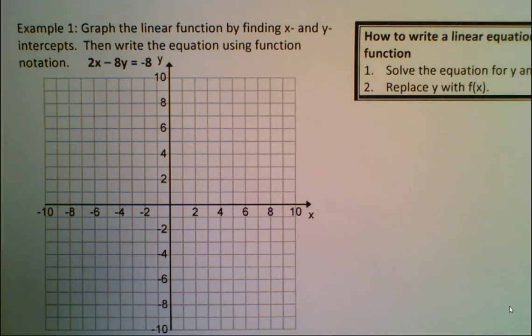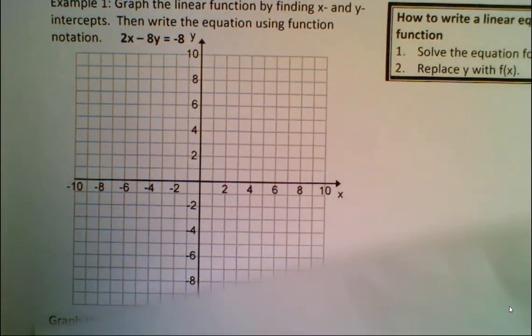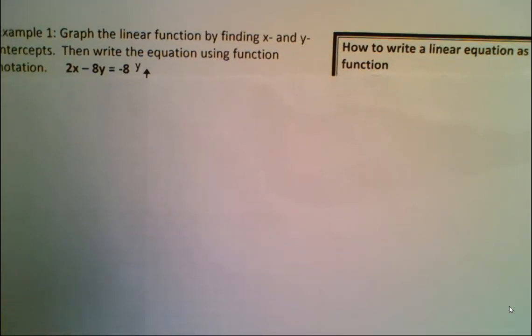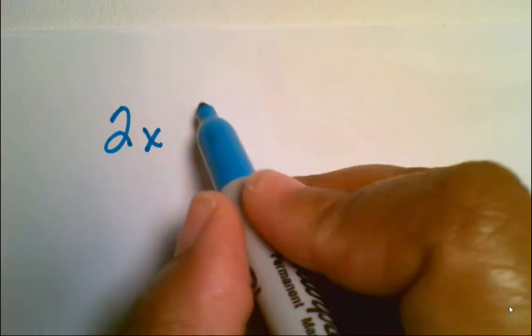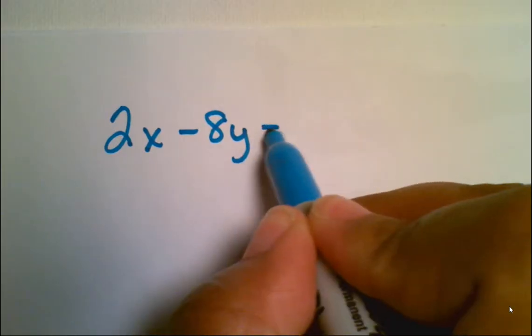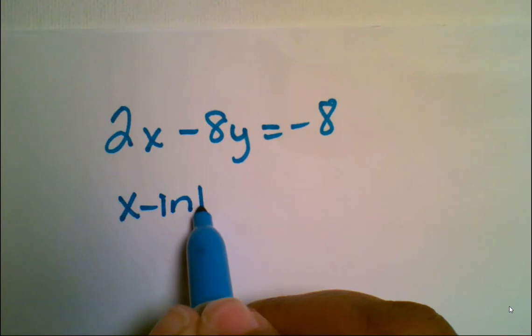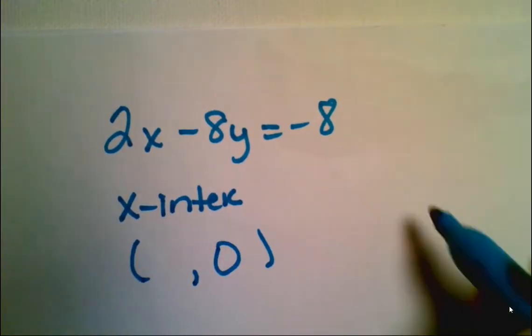So as we find the x and y intercepts, what we're going to do is take this equation, 2x minus 8y equals negative 8, and we're going to find those intercepts. And remember, to find the x-intercept, we're going to let y equal 0.